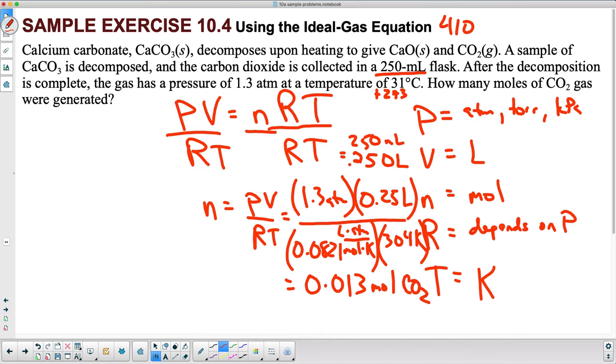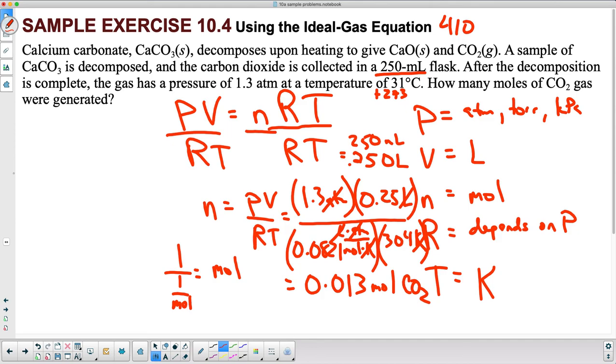Notice that the atmospheres on top cancels with the atmospheres in the R value. Liters on top of the whole fraction cancels with the liters in the R value. Moles is left on the bottom, and Kelvin is canceled with Kelvin. So what I end up with then is a 1 over moles in the denominator, which equals just straight up moles, like that.